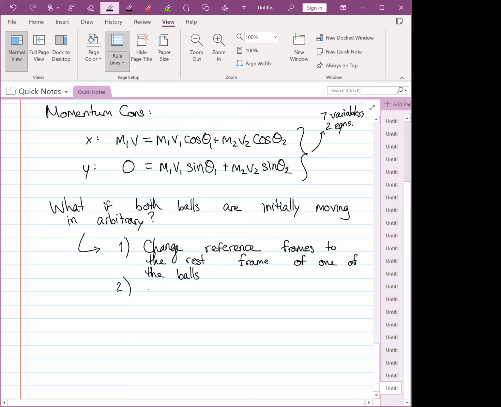And then step 2 is we rotate or choose a rotated coordinate system. And this rotated coordinate system is in the reference frame of one of the balls. Choose a rotated coordinate system so that the other ball moves along the x direction.